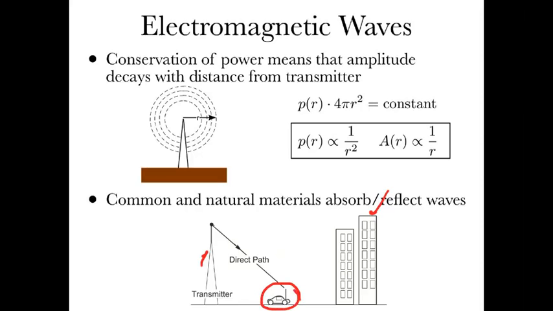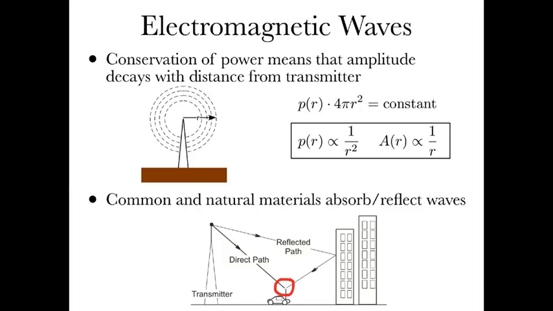Well, if there's a direct path, that's fine, but it turns out these buildings, in most cases, do reflect the electromagnetic energy, and actually this antenna will see both the direct and reflected paths. This turns out to cause a little bit of a problem in communication systems.